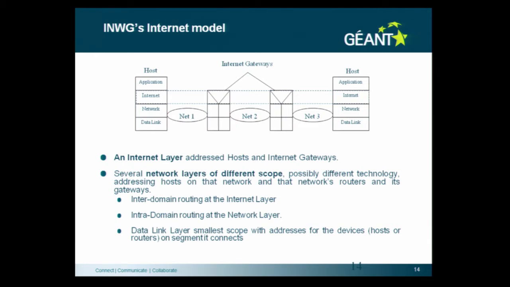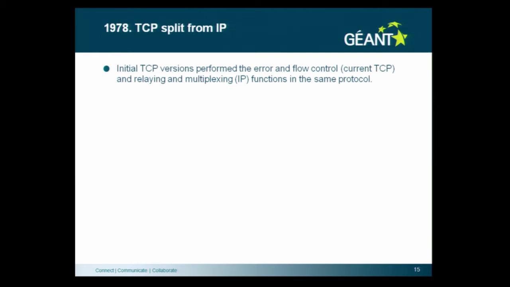They were based on the IP or TCP protocol at that point, because it wasn't split, it was one protocol, TCP/IP. And the intra-domain was really NCP, which was running in the ARPANET, which had 8-bit addresses. And the data link layer, with the smallest scope, had the addresses for the devices, so the address size went up when you went up in the layers. So that was the model.